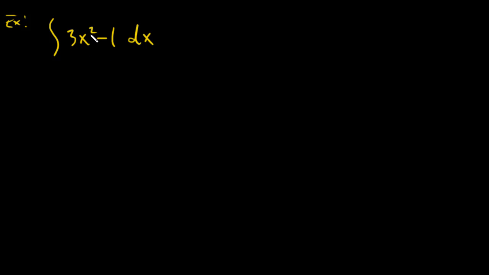Well, I'm going to add 1 to the exponent and then divide by it. So this would be 3x cubed divided by 3 minus, what do I differentiate to give 1? Well, x. And then plus c. So this winds up being x cubed minus x plus c, right?